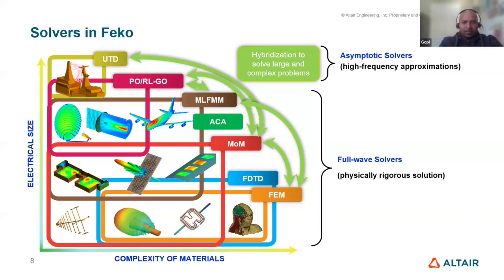Okay. But if the problem is electrically small, but it has a dense mesh where the method of moments might take a lot of memory, then you can use adaptive cross approximation, which solves the matrix equations in parts and still tries to fit the problem within the available memory.